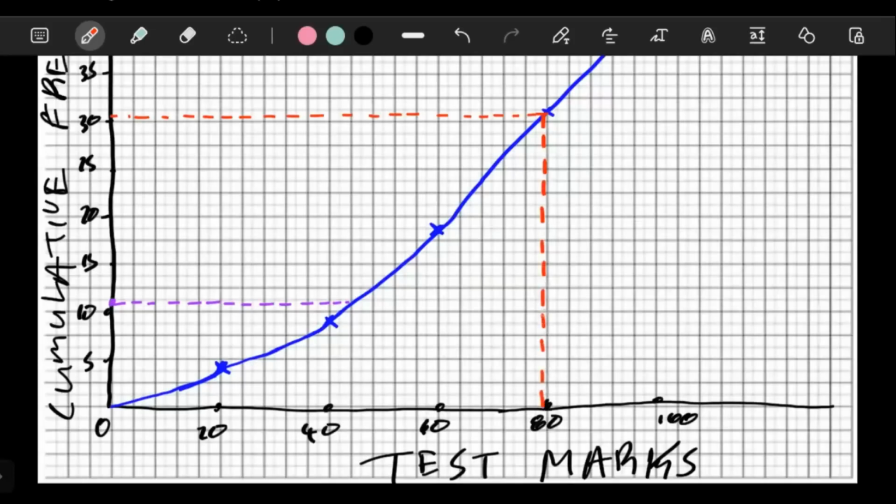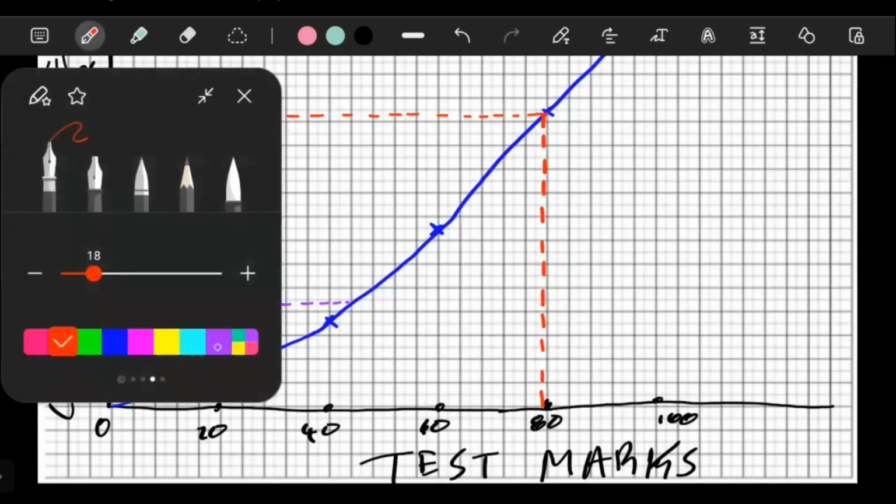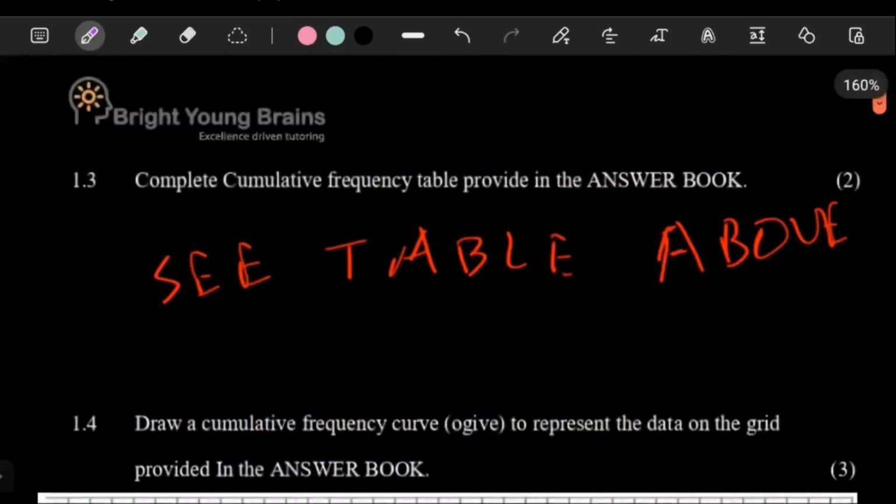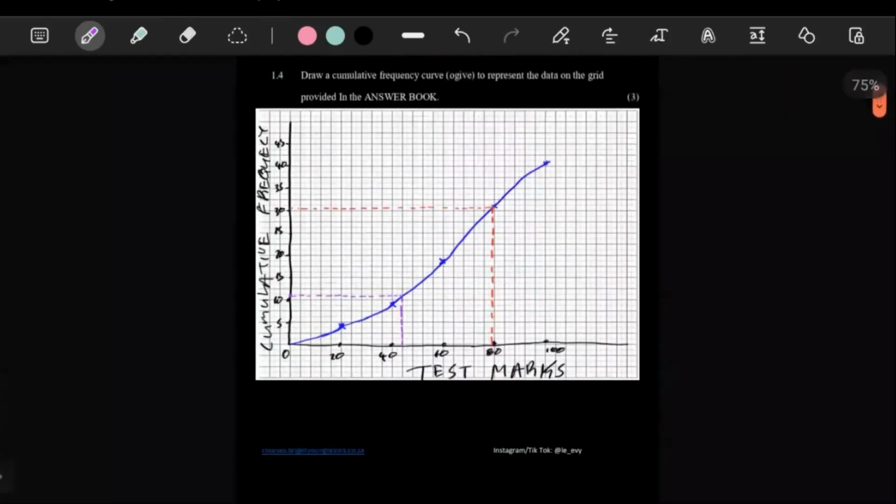It's kind of awkward because it just looks a bit weird. But what we're getting is what we're getting.